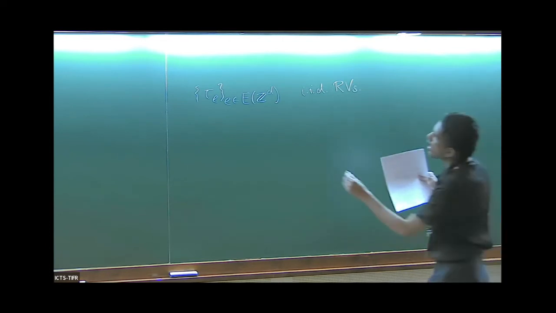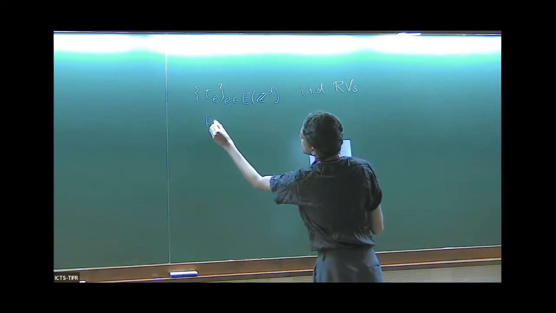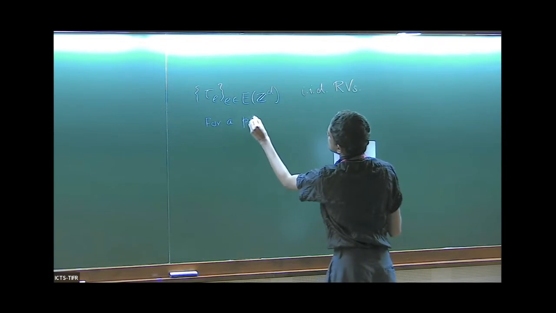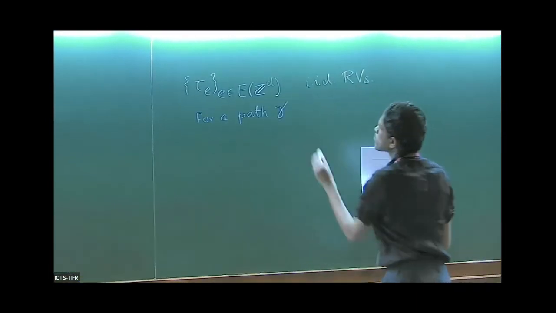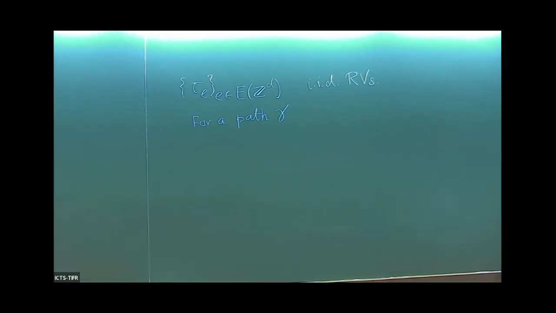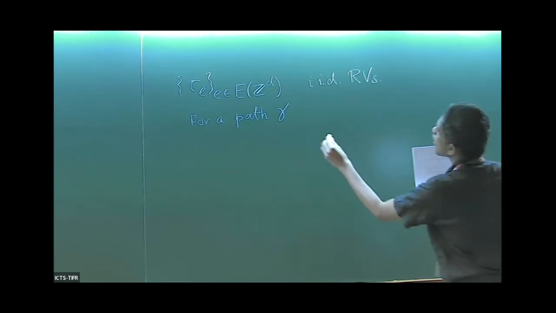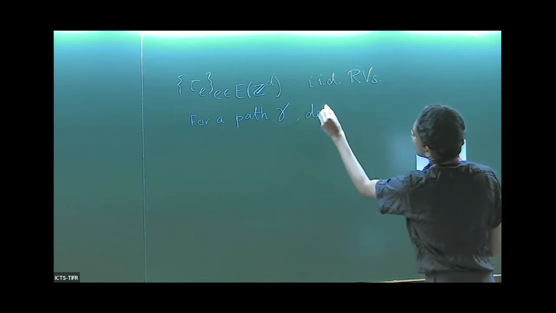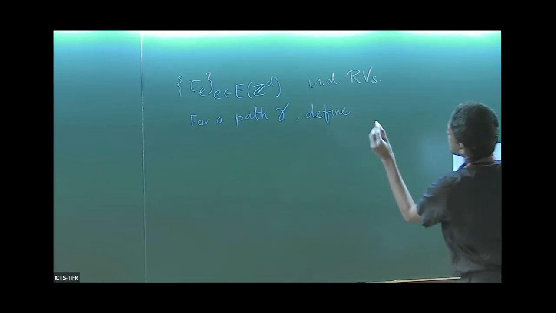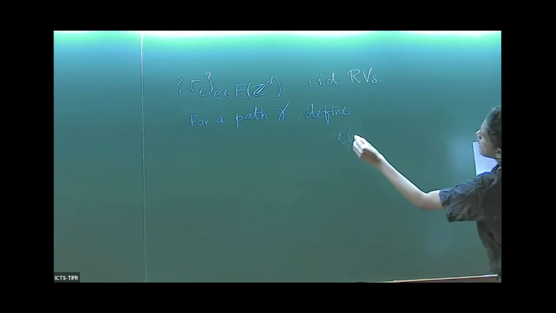And then for any path gamma, a path being a finite sequence of edges such that the endpoint of one edge is the starting point of the next, we define the passage time of gamma, which we denote by L(gamma).